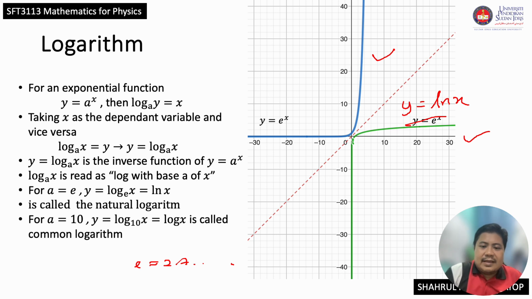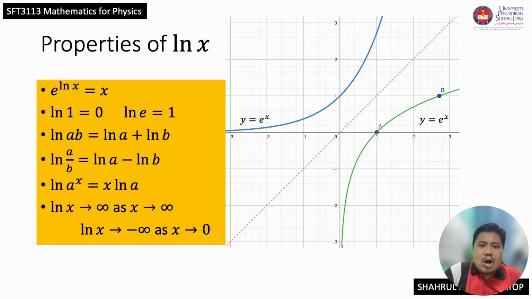Let's go to the properties of the natural logarithm of x. First, e to the power of ln x equals x. Second, ln 1 equals 0.